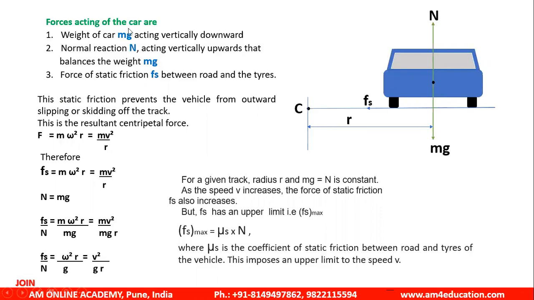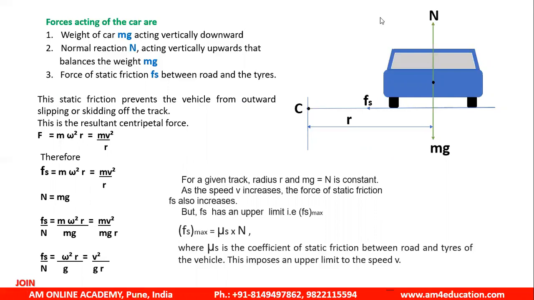Now the acting forces are the weight of the car mg vertically downward, the normal reaction N vertically upward, balanced by mg, and the frictional force Fs between tire and the road. These are the forces acting on this car which is moving on a circular path.